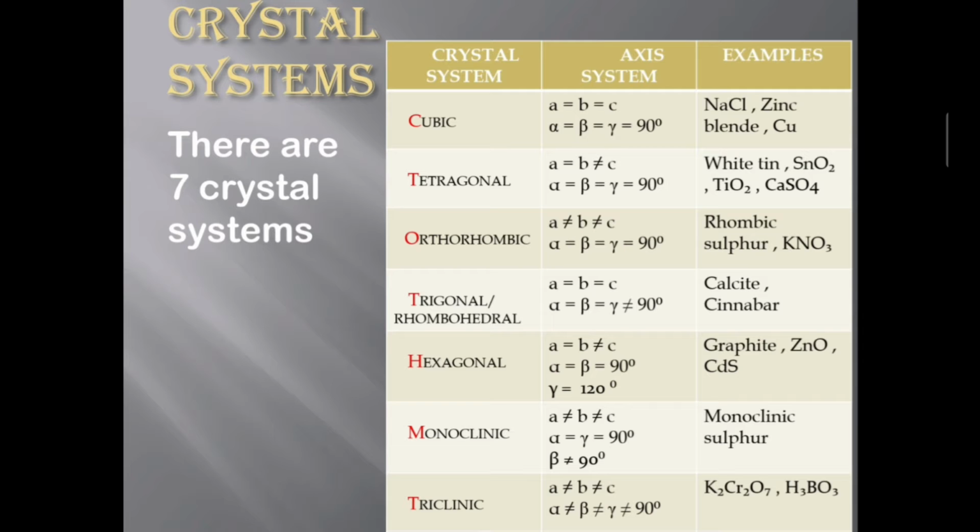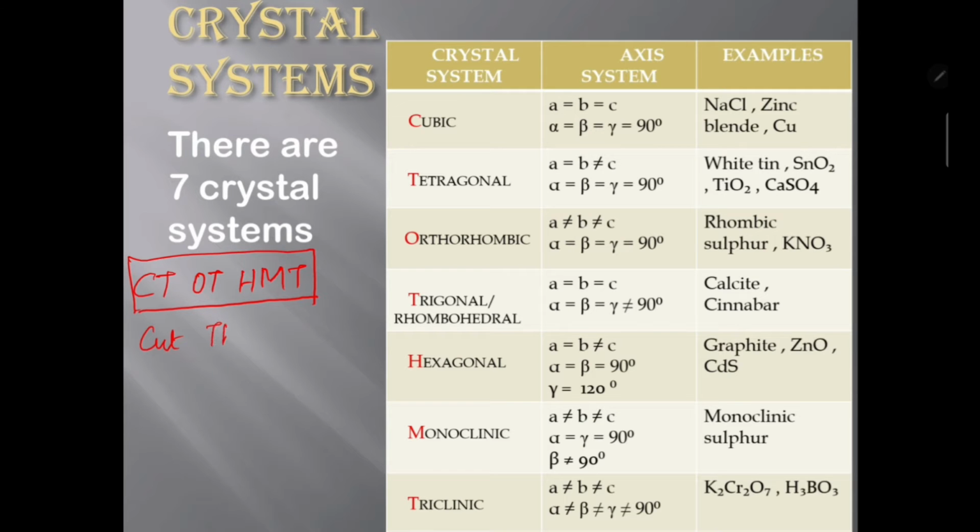For that, you can remember it as CTOTHMT. If you remember this, you can easily remember the names of the crystal system. Thereby you can also remember the axis system as well as the examples. Let us learn a mnemonic which will be helpful for you in remembering the CTOTHMT.